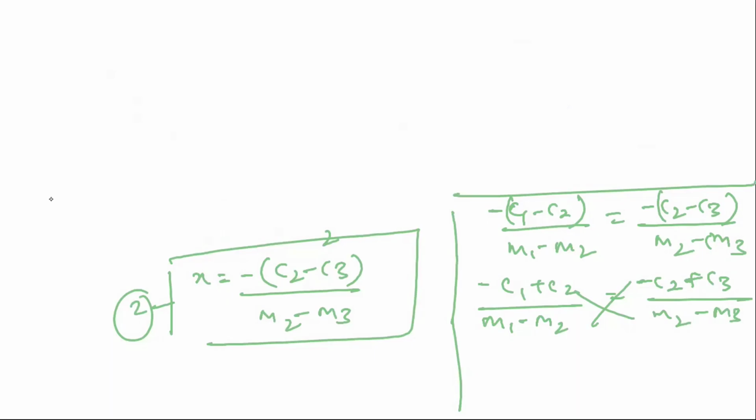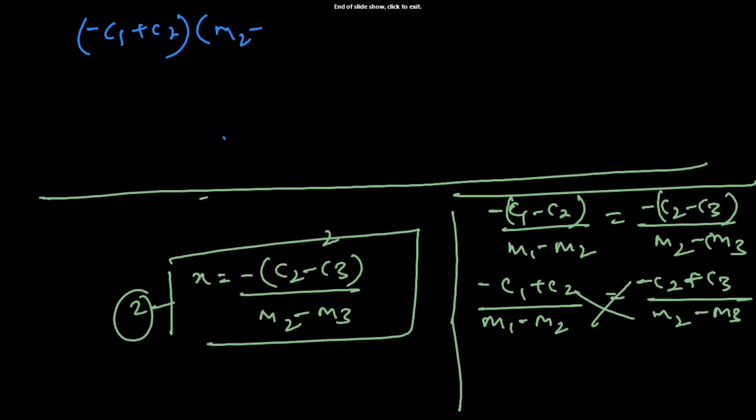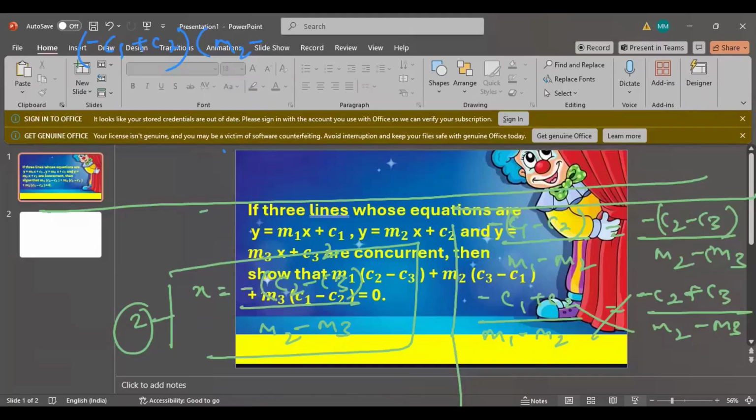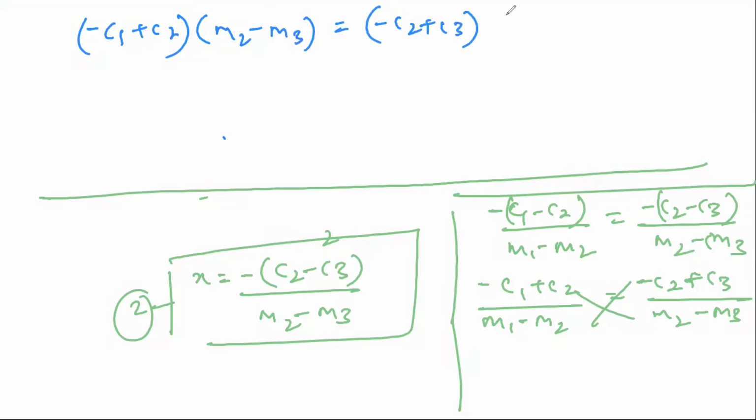So minus (c1 minus c2) multiplied by (m2 minus m3) is equal to minus (c2 minus c3) multiplied by (m1 minus m2).